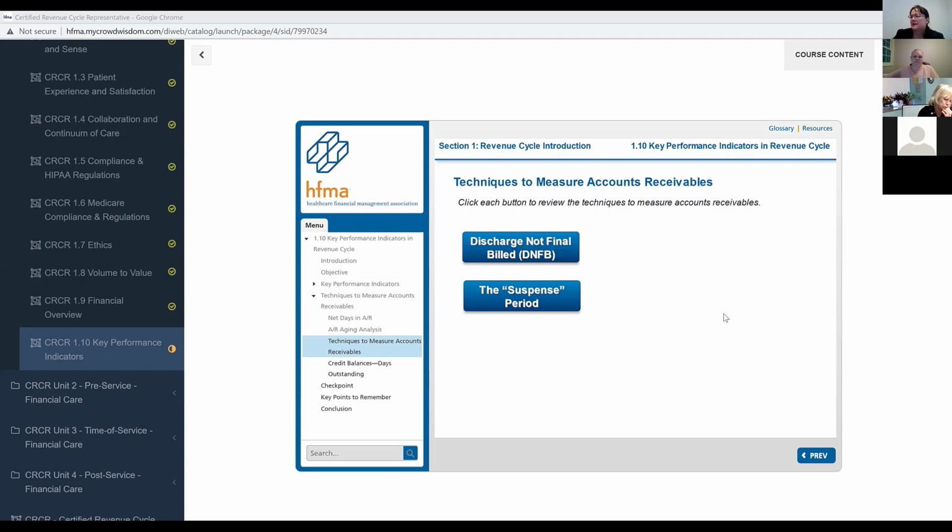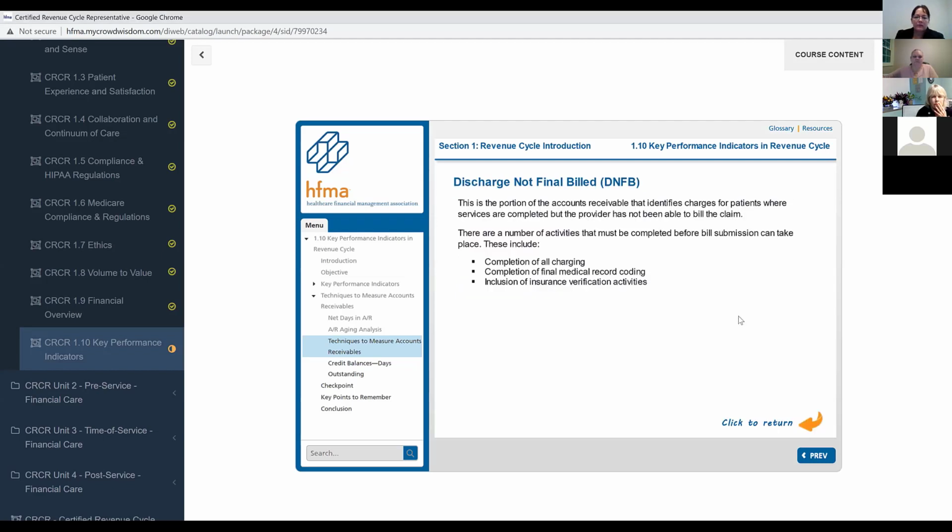Typically, in order to make sure that is handled, there's a suspense period automatically embedded in the billing system that says we'll bill out 3 days after a patient discharges, so that there is time for the account to be coded and worked. And that's another good benchmark too: days to initial bill.